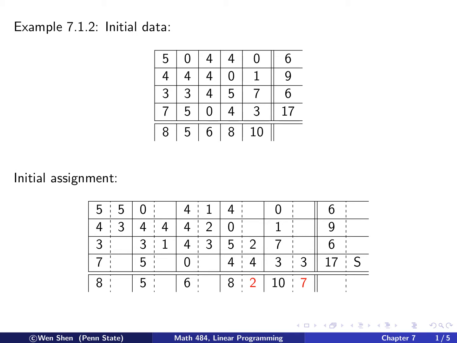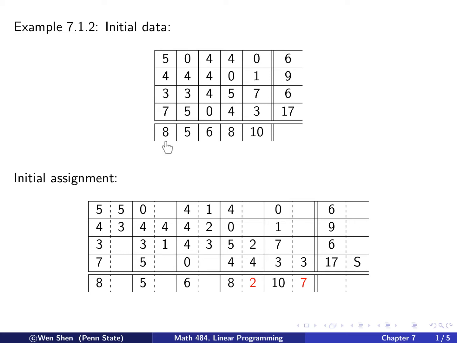Okay, so this is how you go through an initial assignment, with the marking to help you proceed to the next step. One more thing we could verify is the inequality between the demand and the supply.